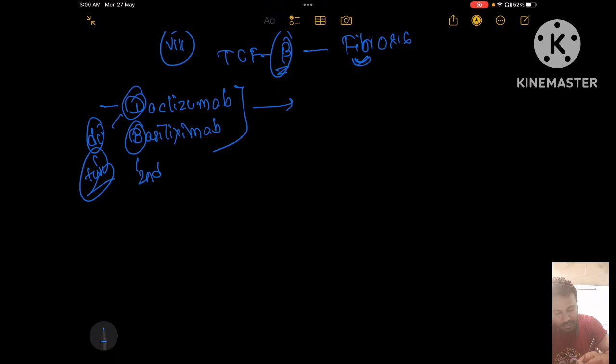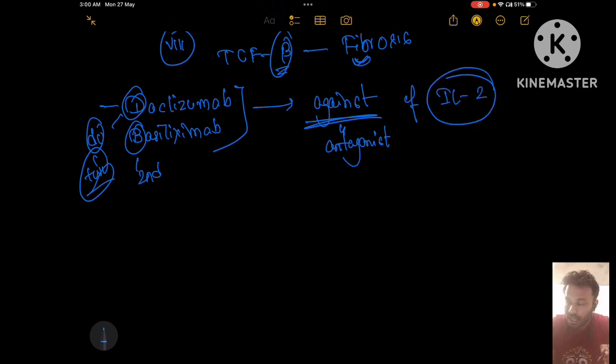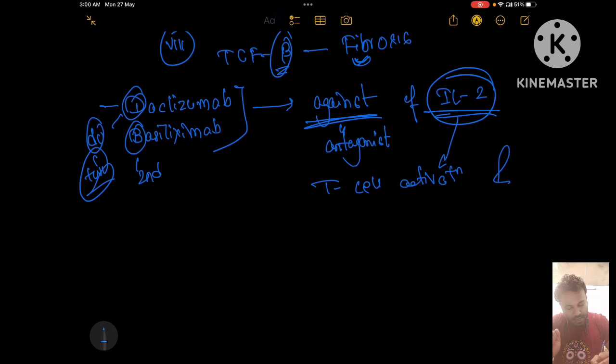Both act against, meaning antagonist of, interleukin 2, and interleukin 2 acts in T cell activation and proliferation.